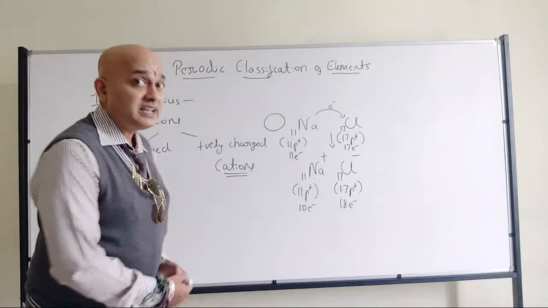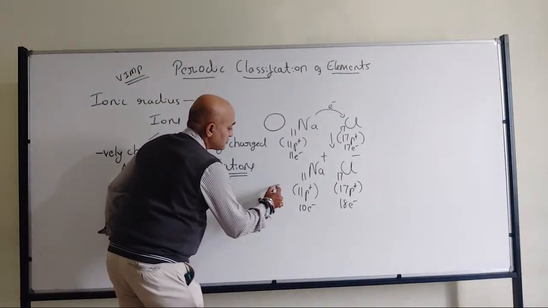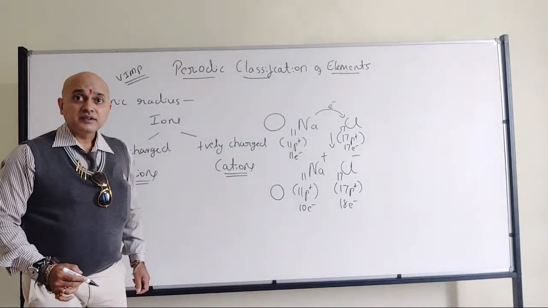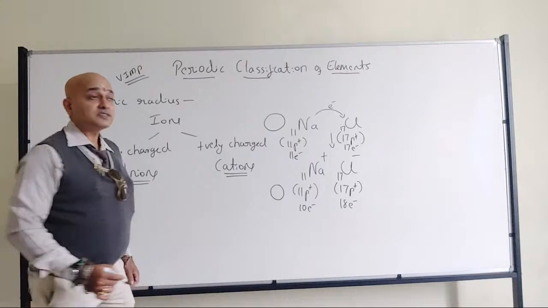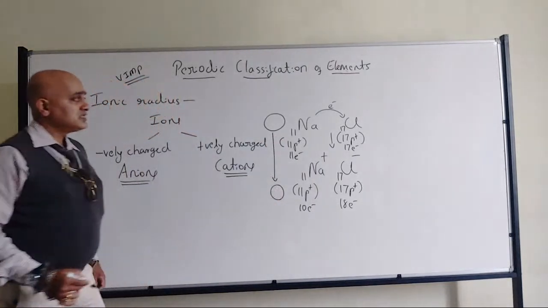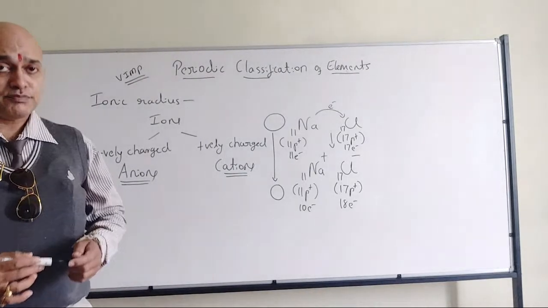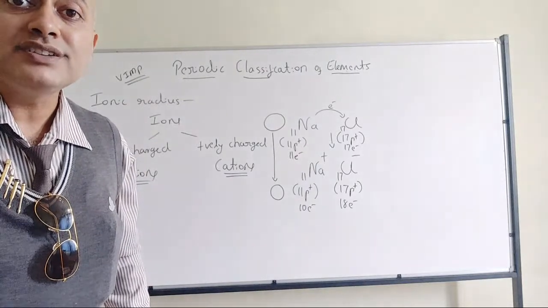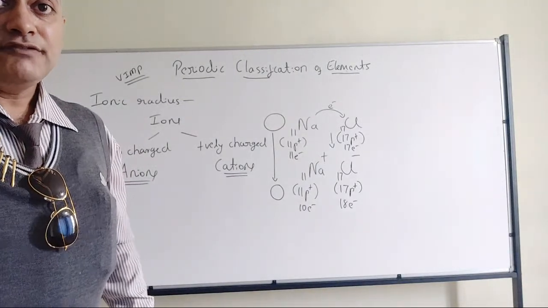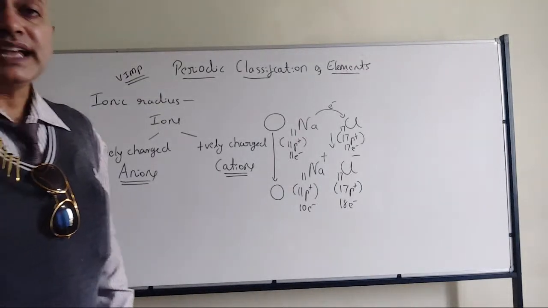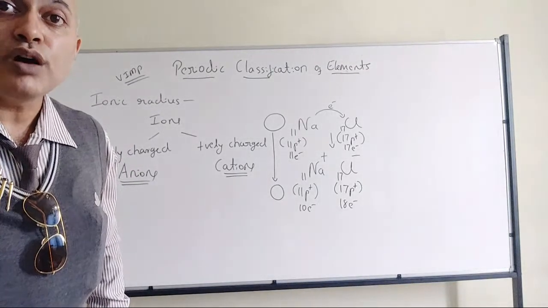So naturally, size should go on decreasing as there is a losing of electrons. As electrons are lost, naturally atomic size or ionic size should decrease. If I consider the size of Na with Na plus, Na plus will have a smaller size.